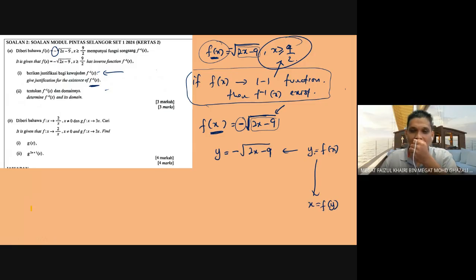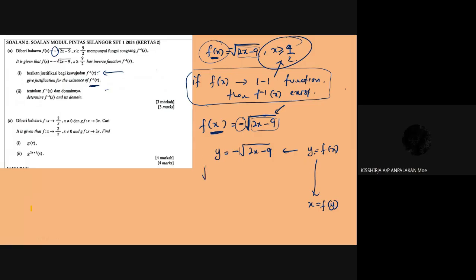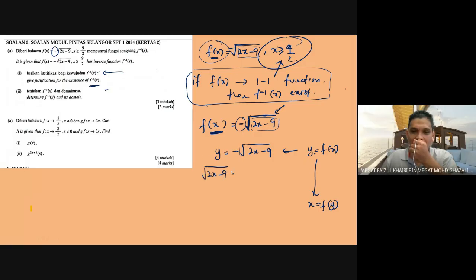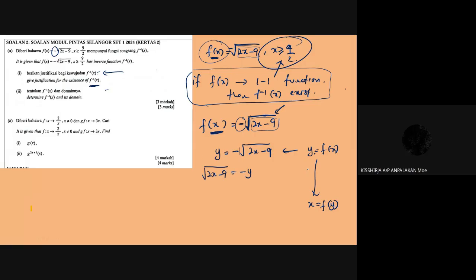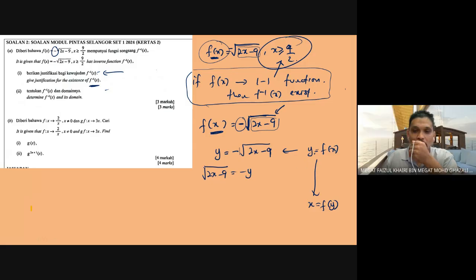The first thing is we multiply by negative 1 on the left and right. So then square root of 2x minus 9 equal to negative y. To eliminate the square root, square left and right.